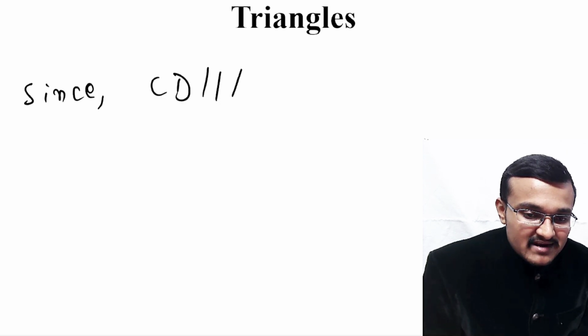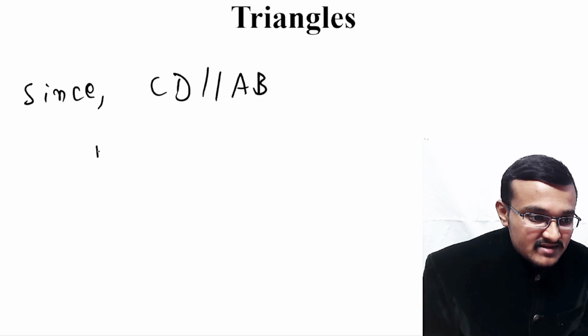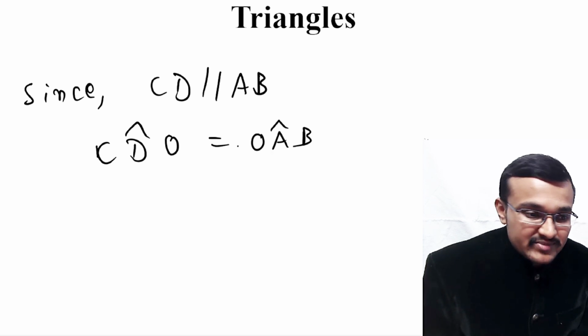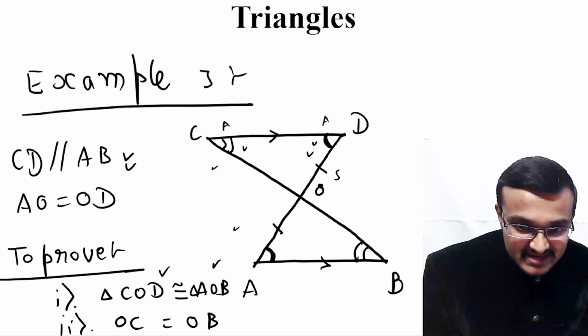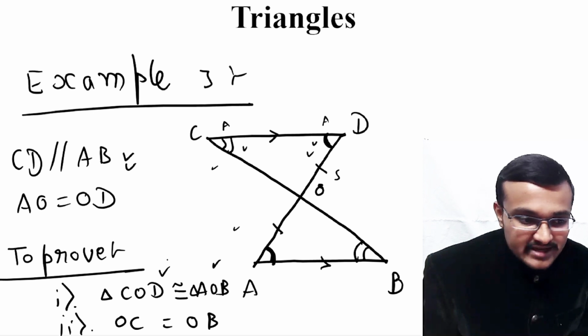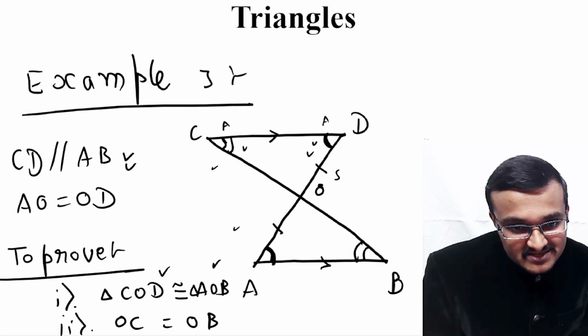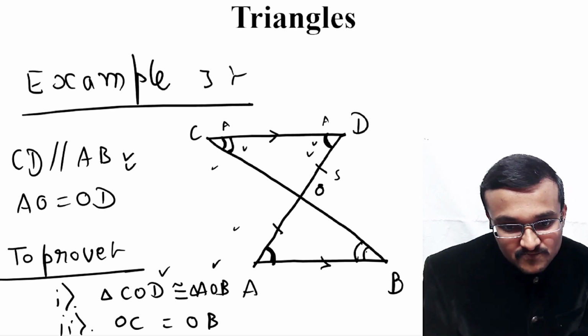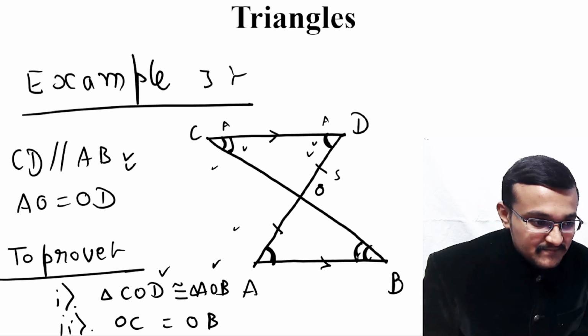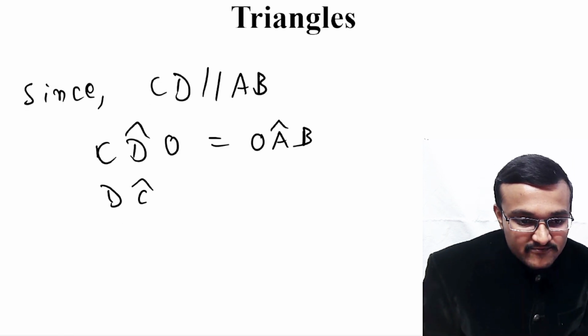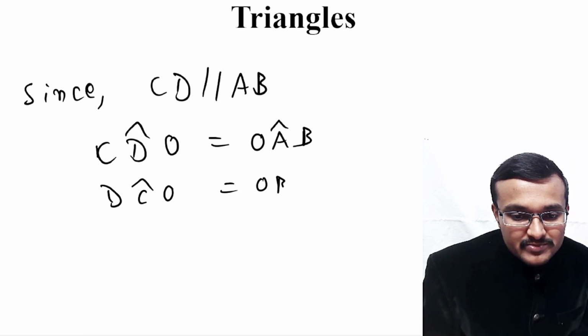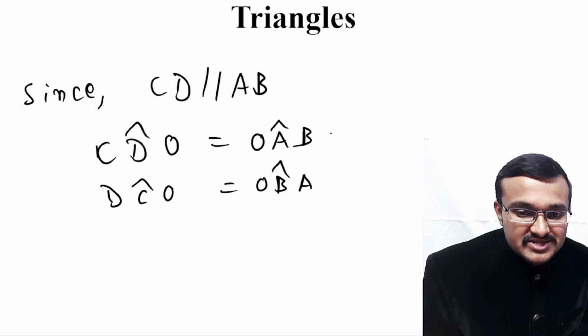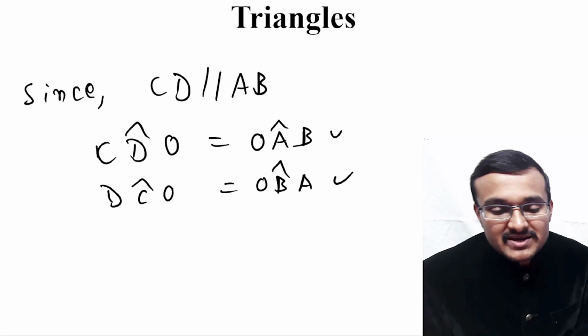Since CD is parallel to AB, here angle CDO should be equal to angle OAB. So that is this particular angle CDO and OAB. Now you have to consider this angle also, DCO and OBA. So DCO and OBA, these two angles are equal to each other.